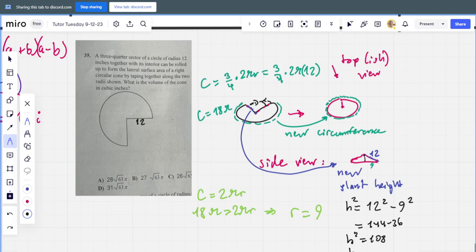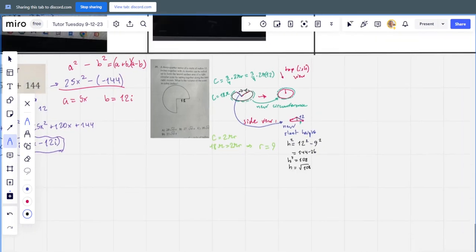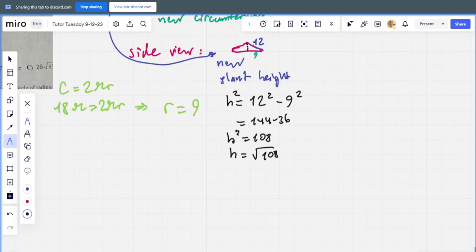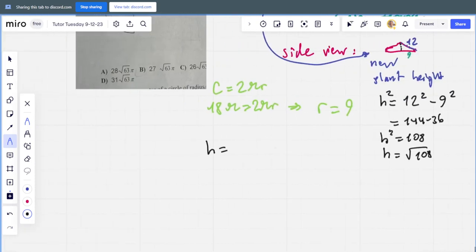h is equal to the square root of 108, which in other words is, let me move it over here. Square root of 108 can be simplified to 2 times 54, or 2 times 2 times 27.